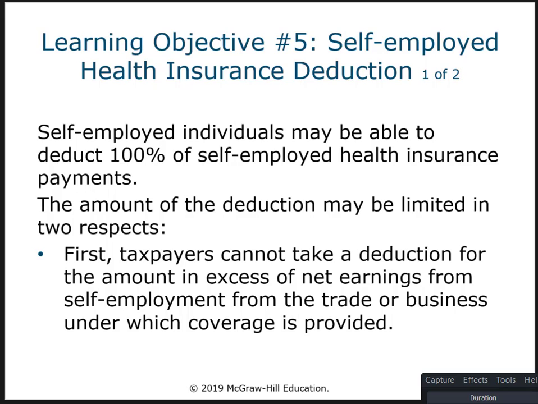Limits: you cannot have a health insurance deduction higher than the income from the business it is paid from. So if your business doesn't do well, that's going to limit your ability to deduct the self-employment health insurance.